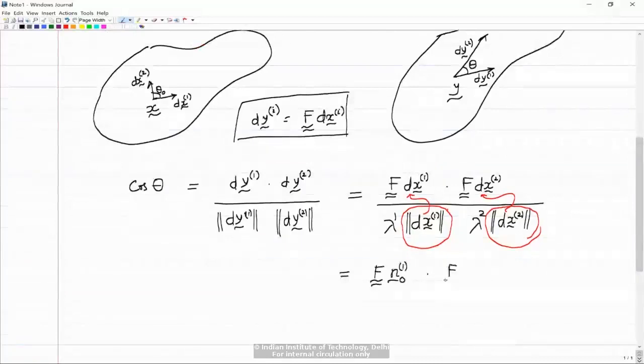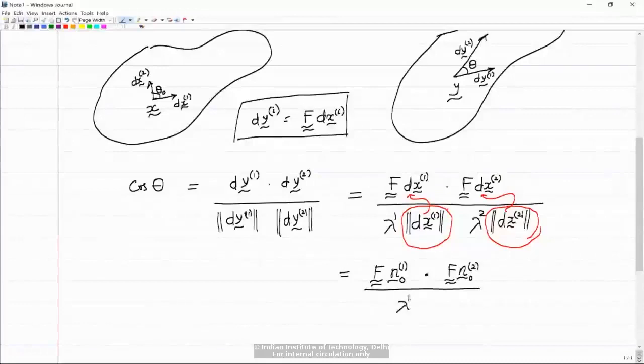Dot with F n naught 2. See, I'm putting a lot of distance to ensure that you have to first get the vector F into n naught and then has to be dotted. Divided by, and of course the bottom thing is easy, lambda 1 into lambda 2.